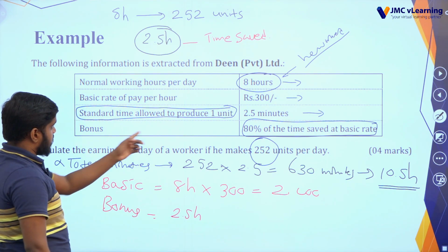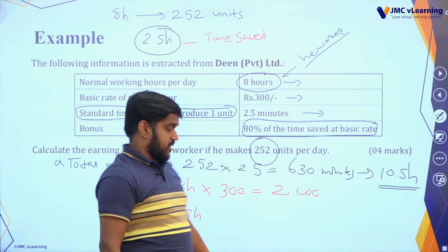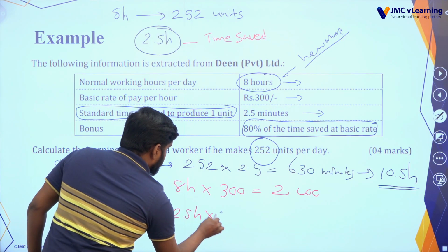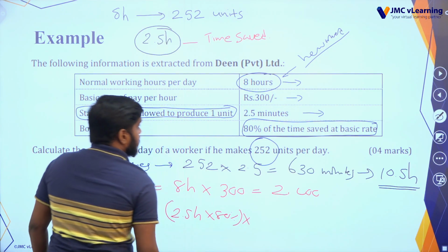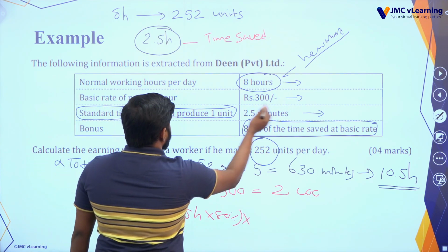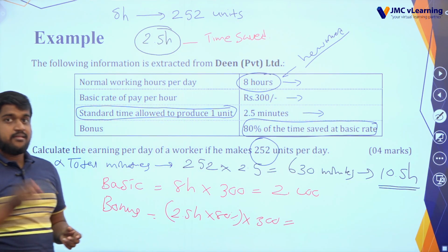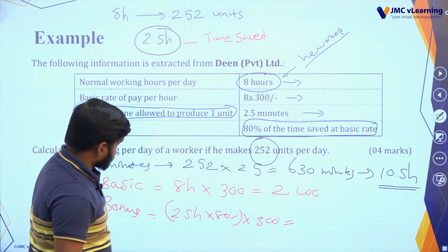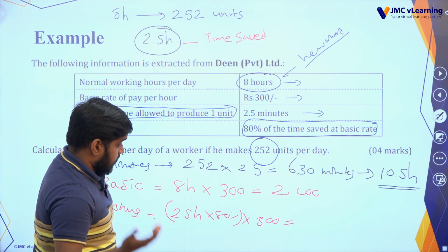As per the company policy, they say 80% of the time saved at the basic rate. That means we need to take 80% of the time saved and multiply it by the standard basic rate of 300. 2.5 multiplied by 80% is 2 hours.